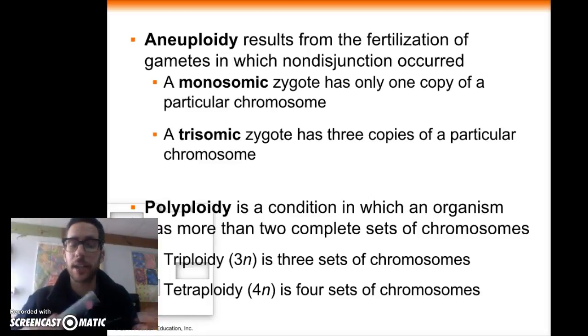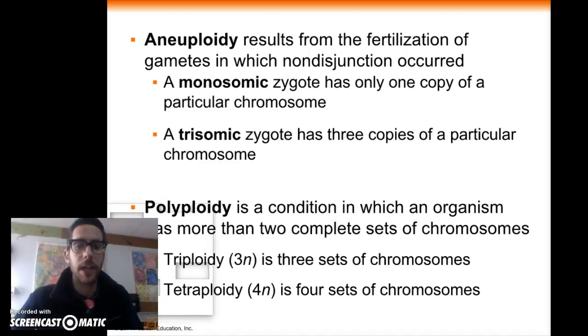So this has implications because we know that all of the traits will be expressed from that one chromosome. We know that the version that exists is the one that will be expressed. And if that's a traditionally recessive gene, it'll be expressed regardless because there's nothing to cover it up.